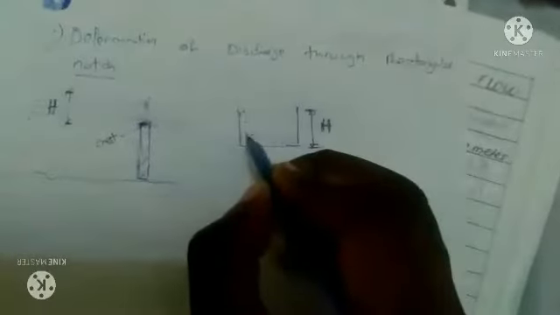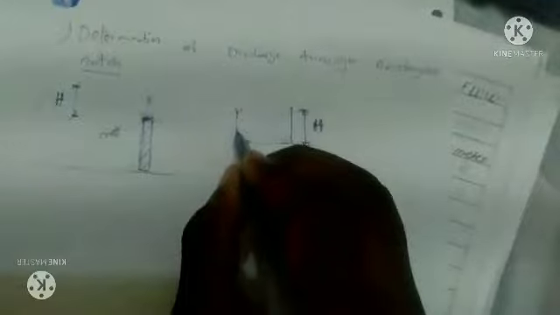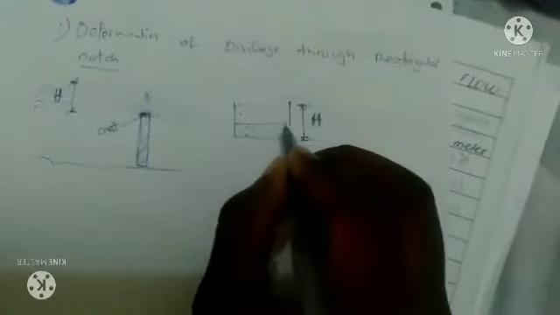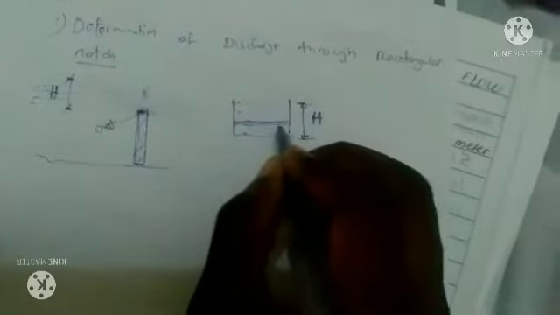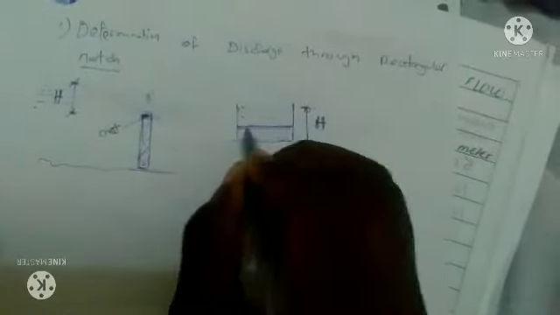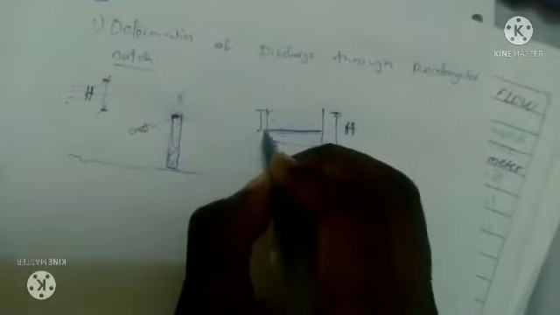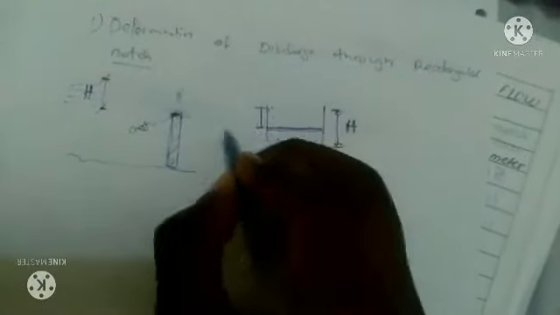So let us find the discharge through the small strip. Let our strip be like here. This is our strip, which is a horizontal strip. We have a distance from the free surface of water up to the horizontal strip, which is h.